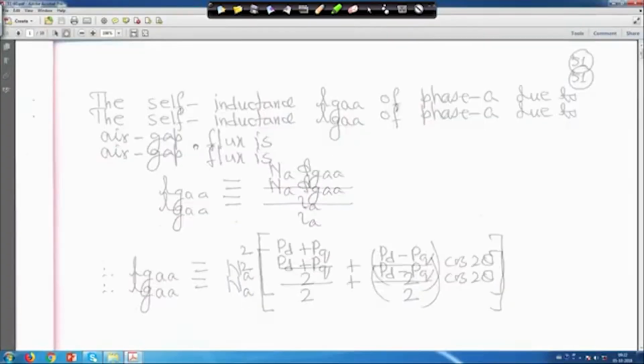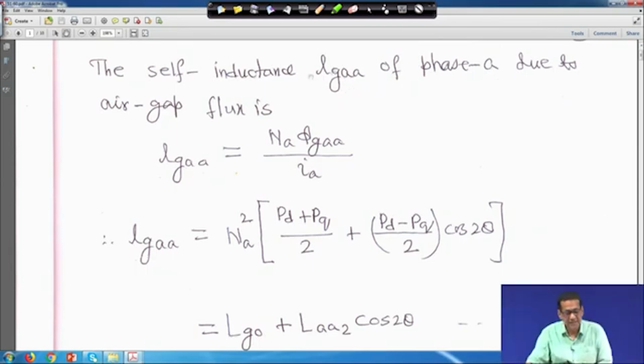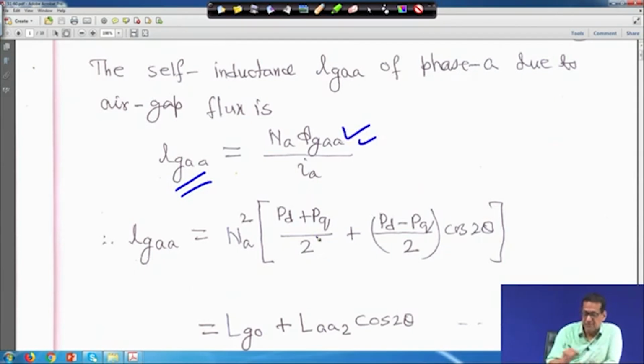Now we know that the self inductance L_gAA of phase A due to the air gap flux, the general formula is N phi upon I. Therefore L_gAA will be N_A phi_gA upon I_A. That phi_gA expression we have seen, you substitute here.